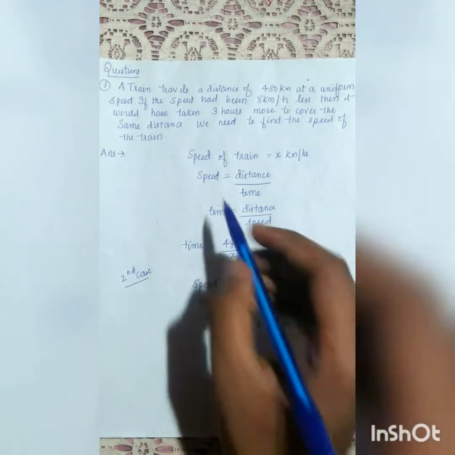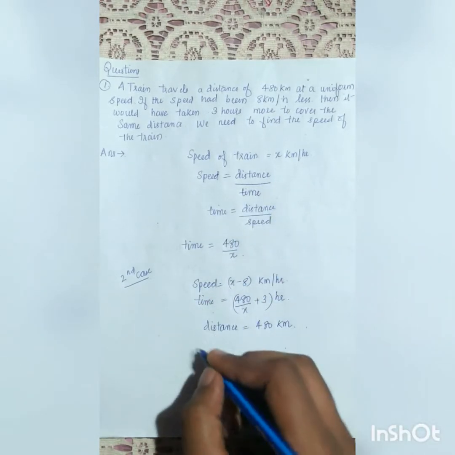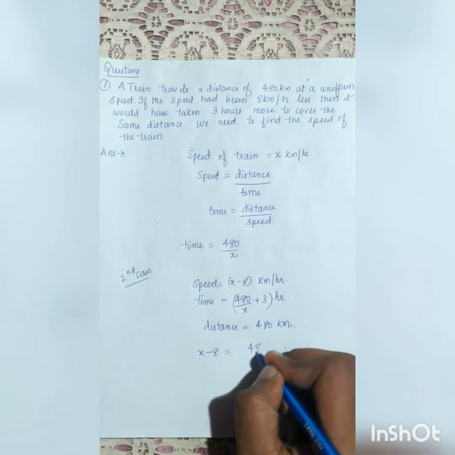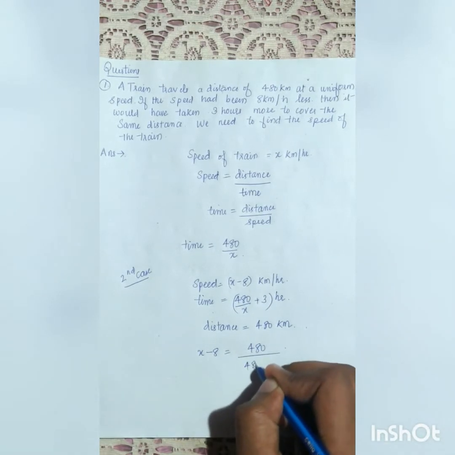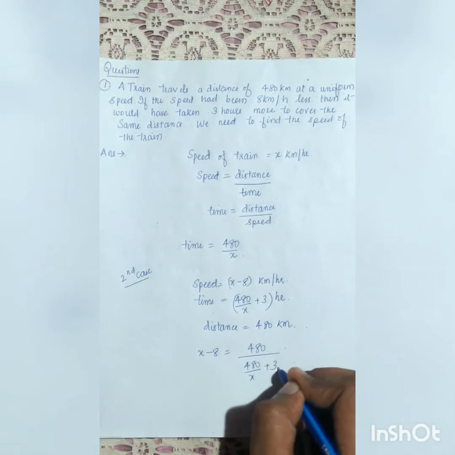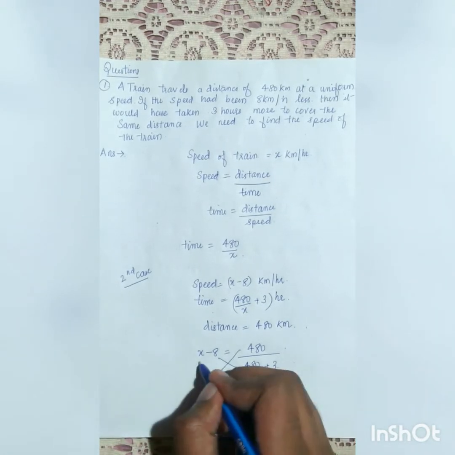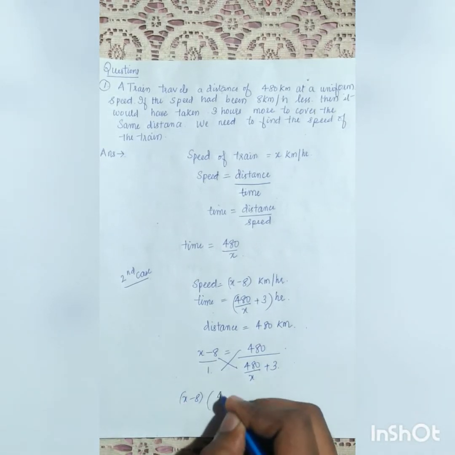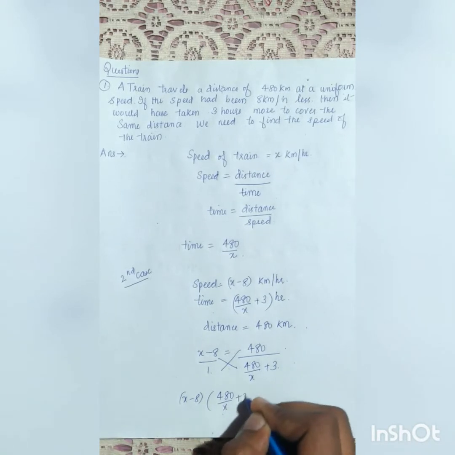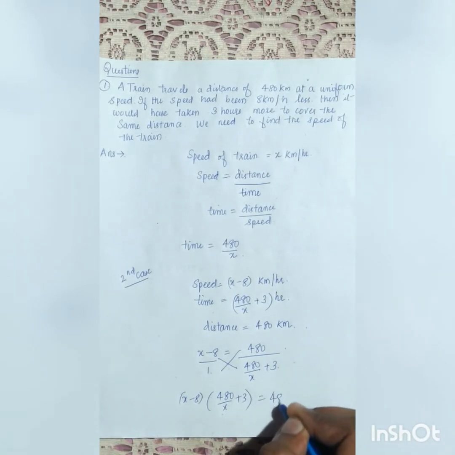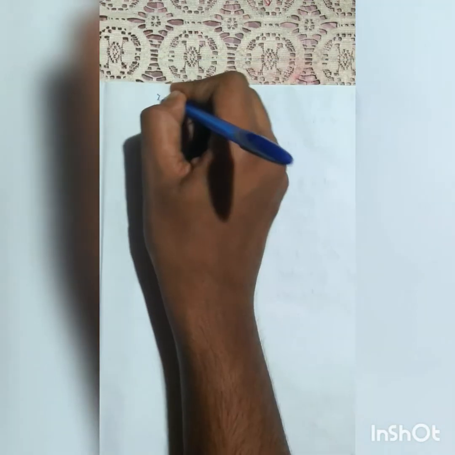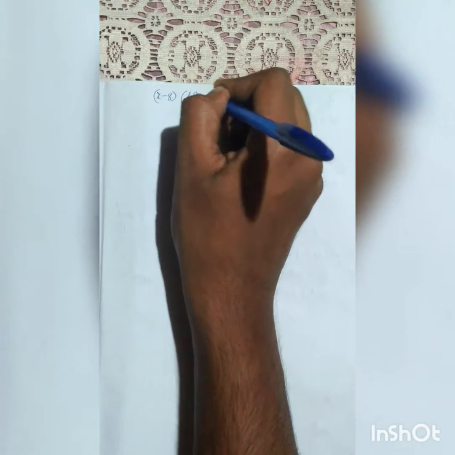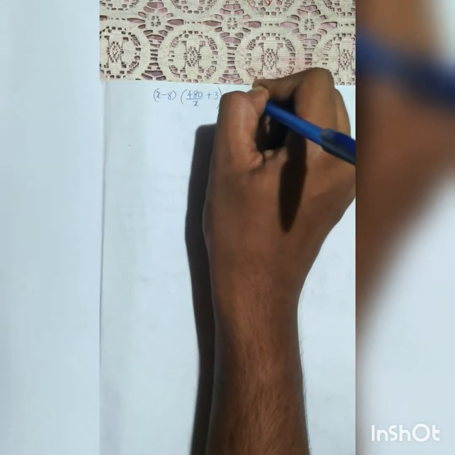Now we can apply that speed is equal to distance upon time. So x minus 8 is equal to 480 divided by x plus 3. Now cross multiplying, we have (x minus 8) into (480 divided by x plus 3) equal to 480.